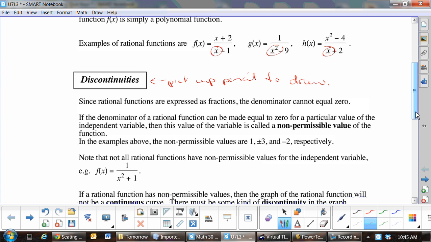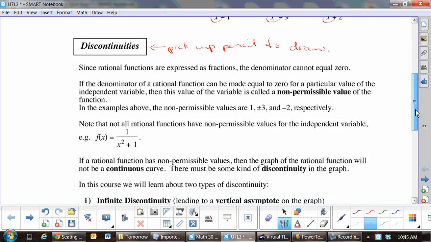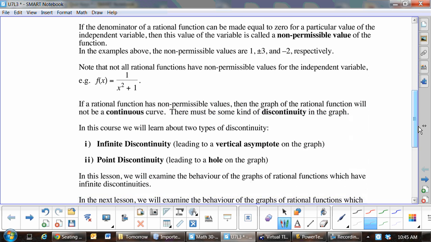Now, there are two types of discontinuities. There's an infinite discontinuity, which we have called a vertical asymptote. You're picking up your pencil to draw that other point.